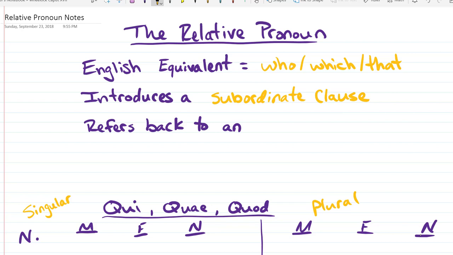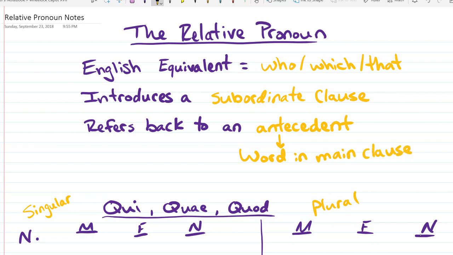So relative pronoun, your English equivalents, it introduces a subordinate clause, and it refers back to what's called an antecedent. Essentially, this is a word in the main clause that the relative clause describes.